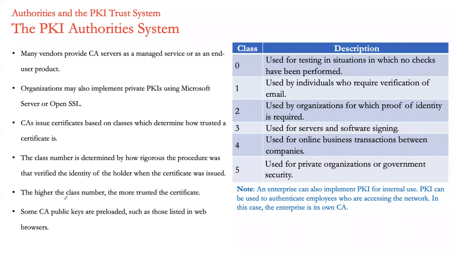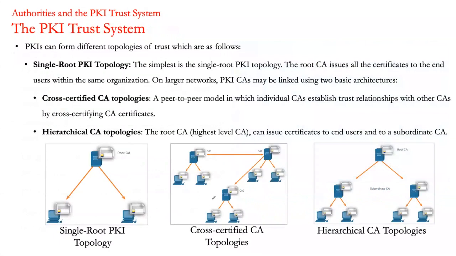Some CA certificate authorities' public keys are preloaded, such as those listed in the web browsers, if you go and check in that. So in this public key infrastructure system, PKI performs different topologies for the trust, which are known as single root public key, cross-verified technology, or hierarchical technology.